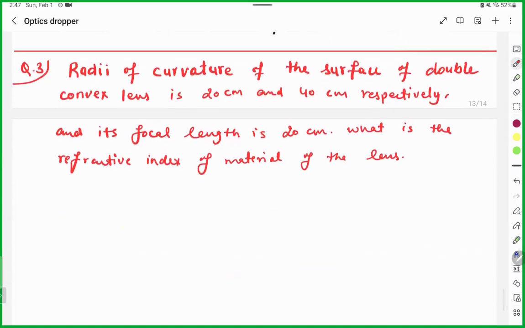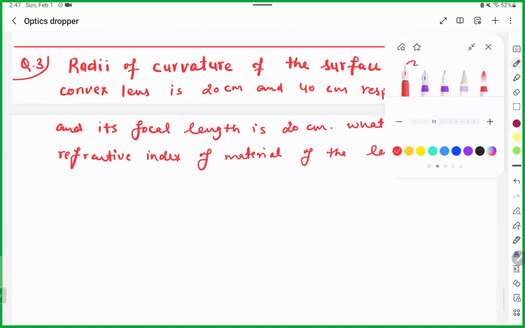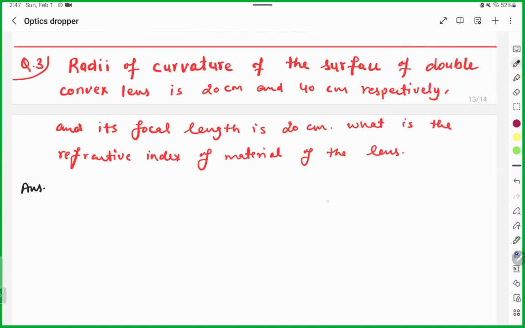Remember one thing, though you will solve the complete question, you need to understand through the diagram what happens in a biconvex lens. For example, if this is the situation, this is surface 1, this is surface 2.